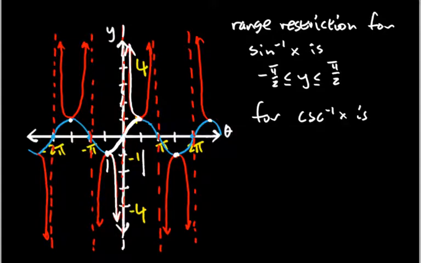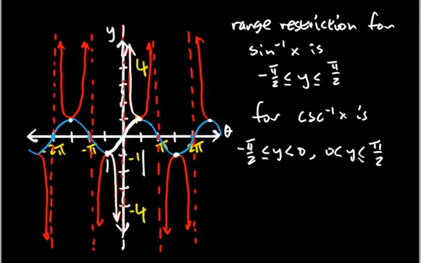So the range restriction is going to be from negative pi over 2 to 0, and then 0 to pi over 2. We don't include 0 because 0 is undefined. We got an asymptote there. So write these down, know them. They're going to be useful for everything from this point on.